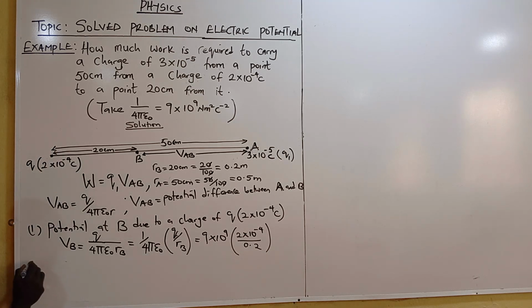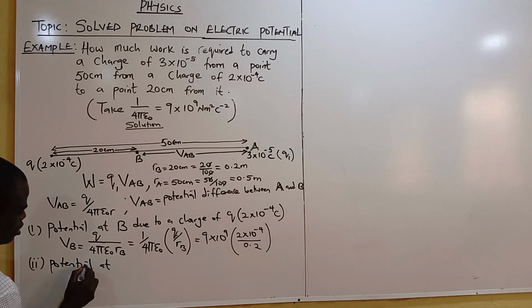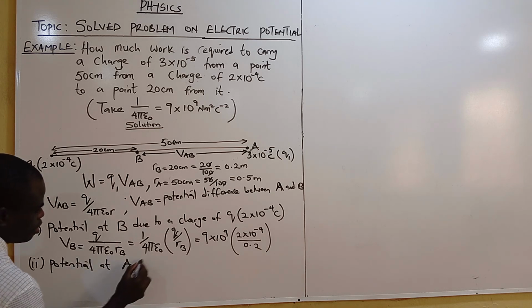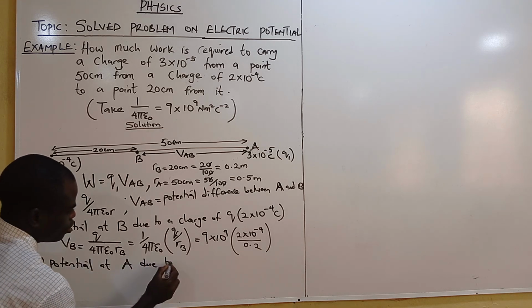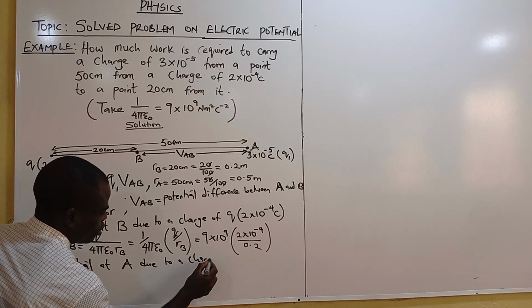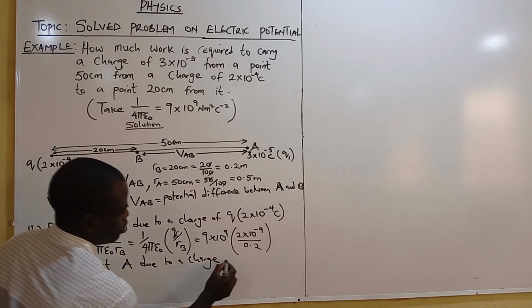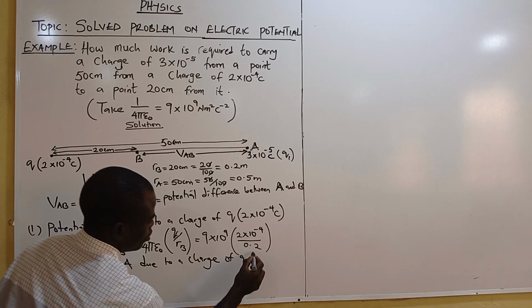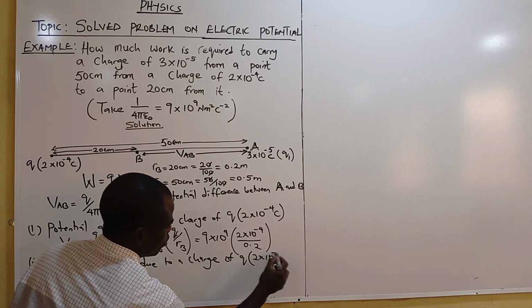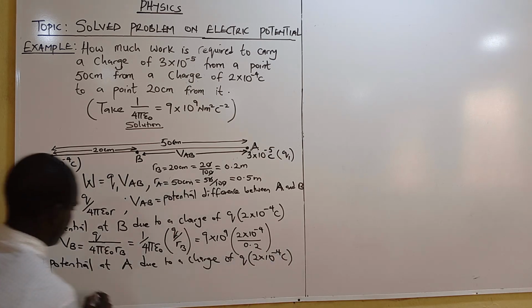Let's go to potential at A due to a charge of Q, the same Q, 2 times 10 to the power minus 4 coulomb.